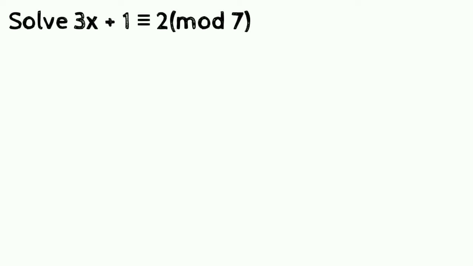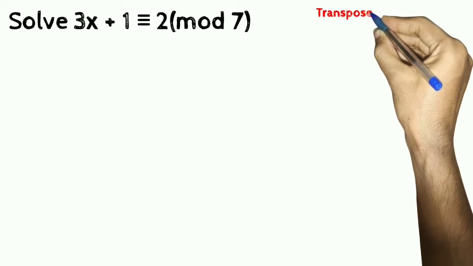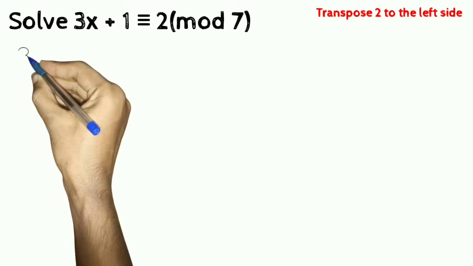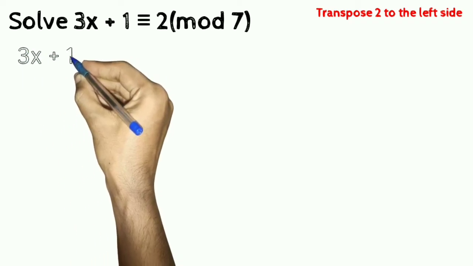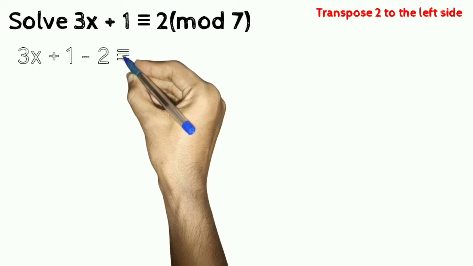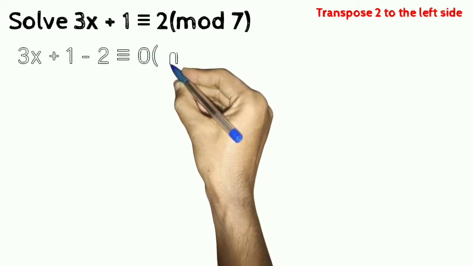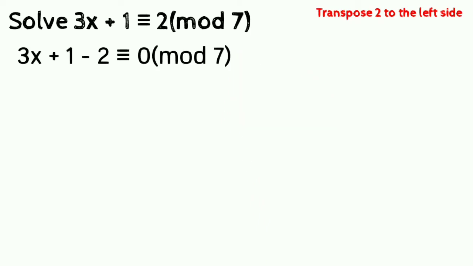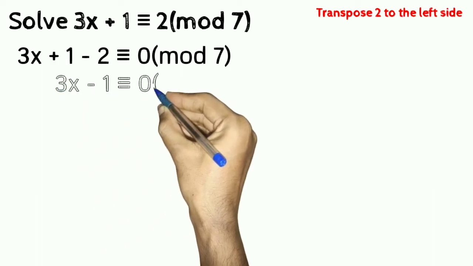The first thing that you should do is to transpose 2 to the left side of the equation. That will become 3x plus 1 minus 2 and 0 are congruent modulo 7. The left side of the equation will then become 3x minus 1.